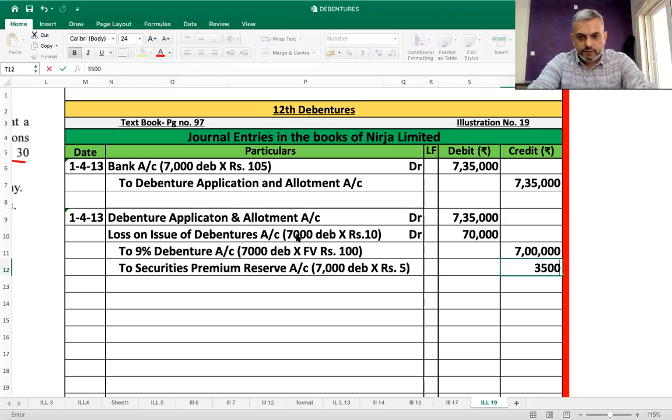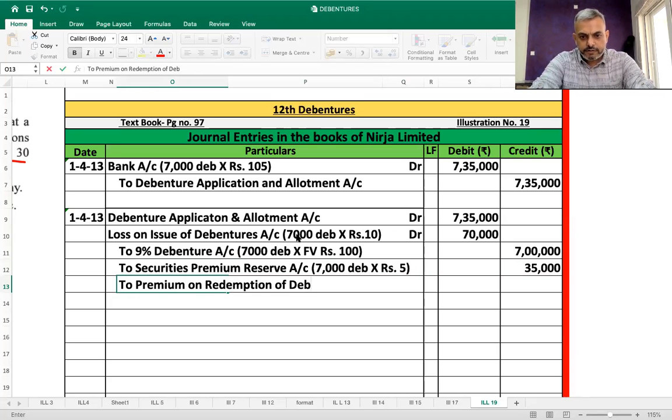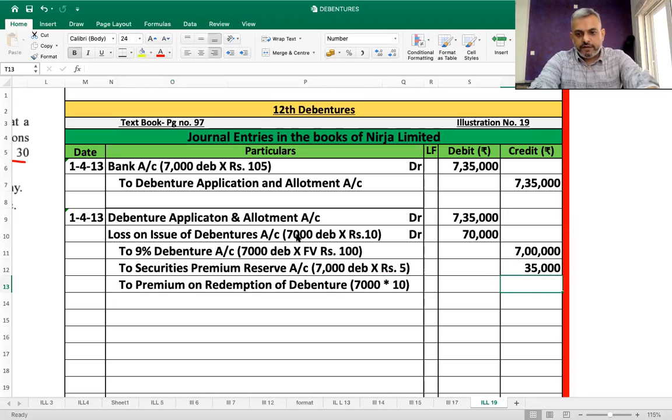So 35,000 and to premium on redemption of debenture 7,000 into rupees 10, 70,000.